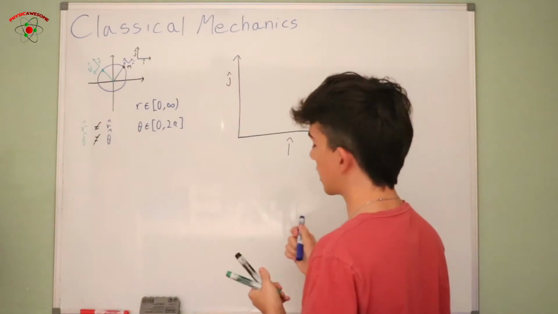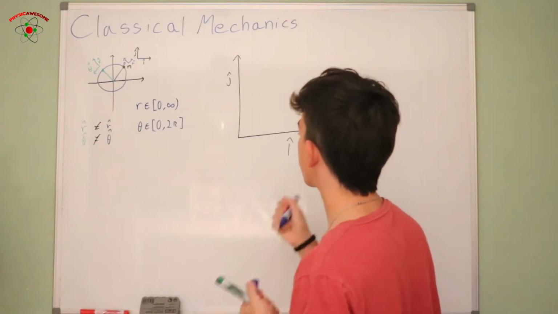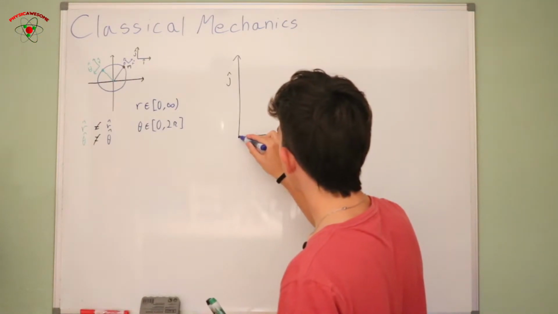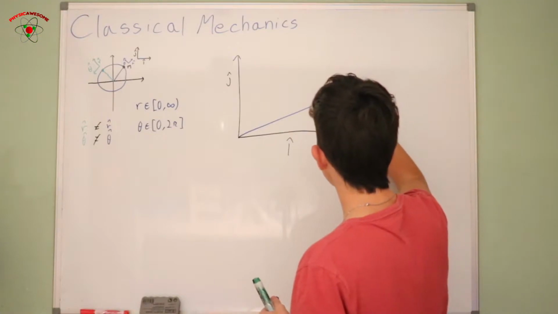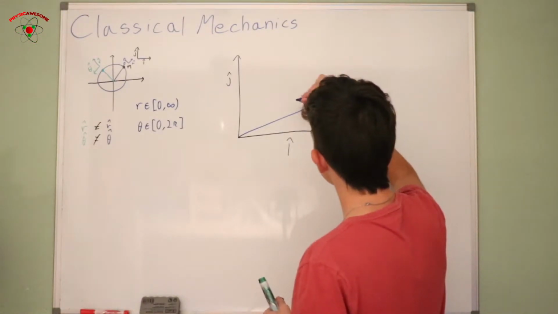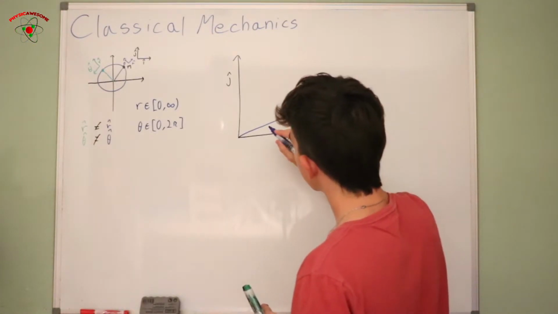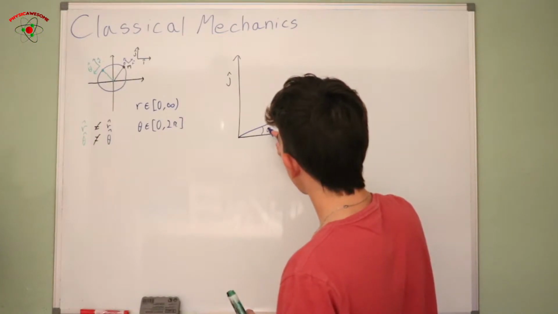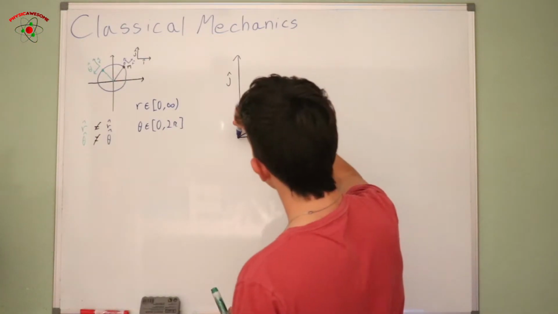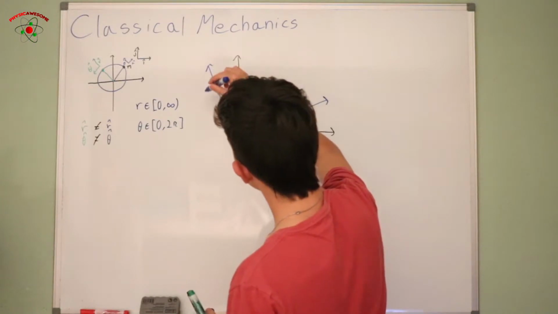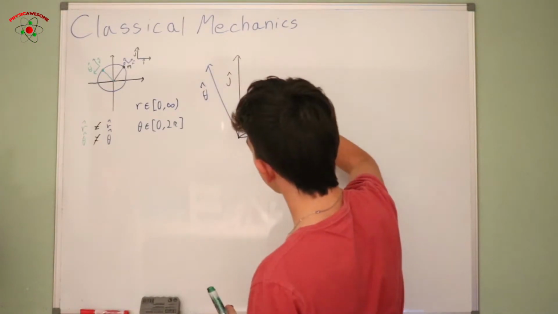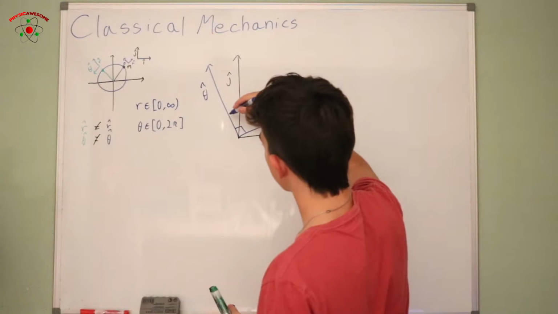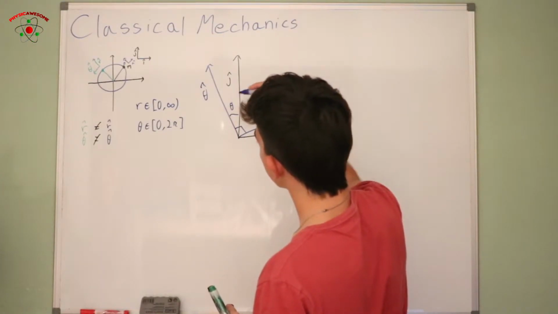If we have a more or less small theta, r hat is going to point in this direction, making the angle theta, and theta hat will point in this direction, as these two make 90 degrees, and this will also be the angle theta.